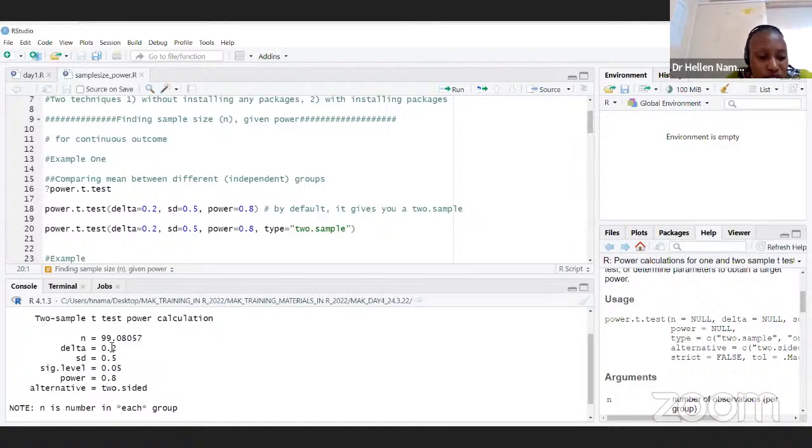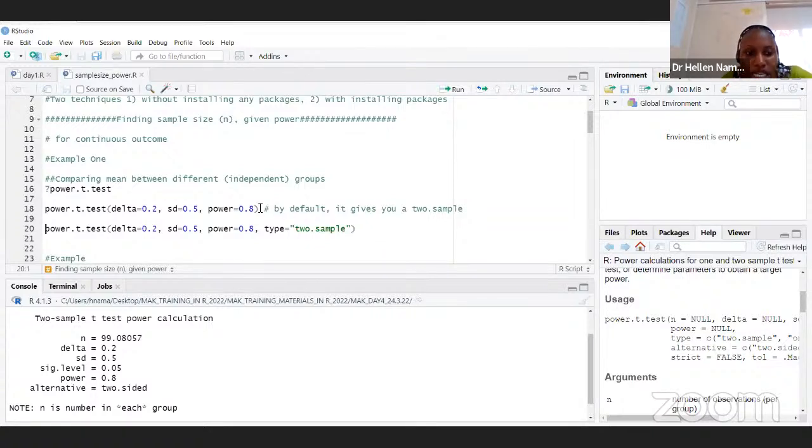So my delta is 0.2, the SD at 0.5, and your power at 0.8 with the alternative hypothesis of 2-sided. So it implies that n is the number that you need in each group, which in this particular case is going to be 99. So the total that you need is going to be 99 times 2.